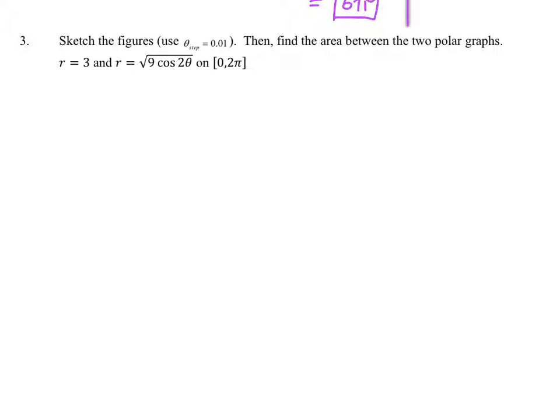So I'm going to go to Window. I'm going to make sure my thetas are appropriately adjusted. And you know what? Actually, let me not do that. I'll go back to y equals. I can't do it on this calculator. Try Zoom Standard or Zoom Box first, and then go back into the window and change what needs to be changed, because you'll have to worry about the x's also if you do it this way.